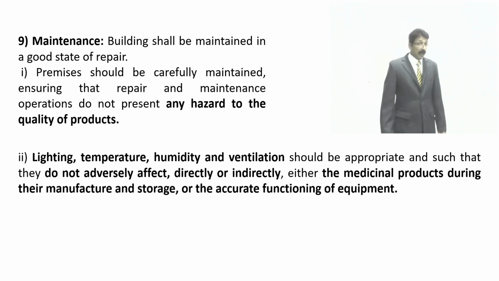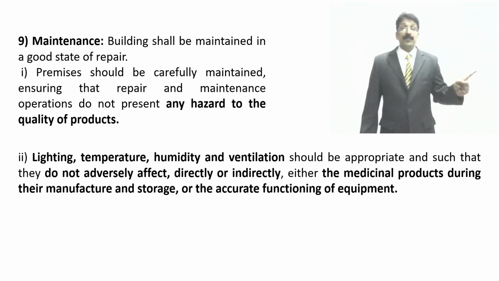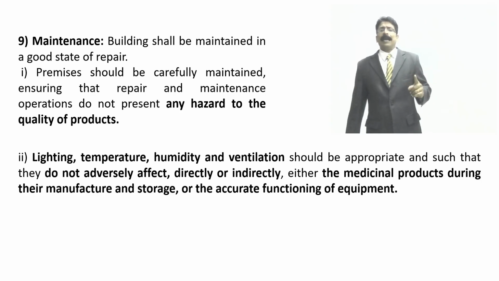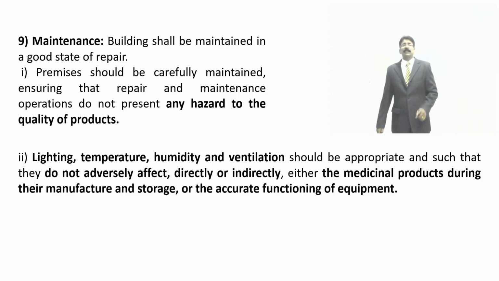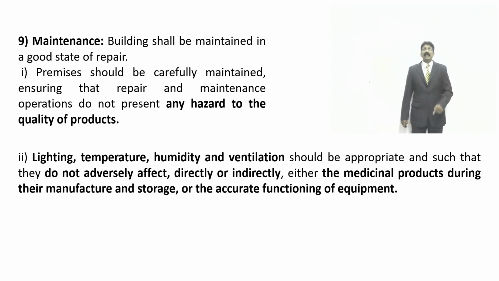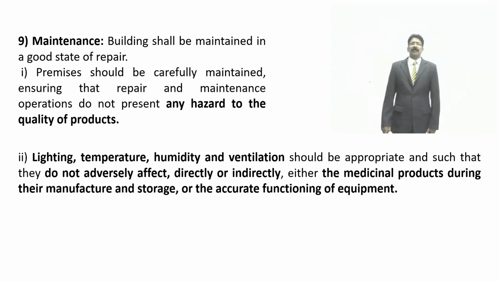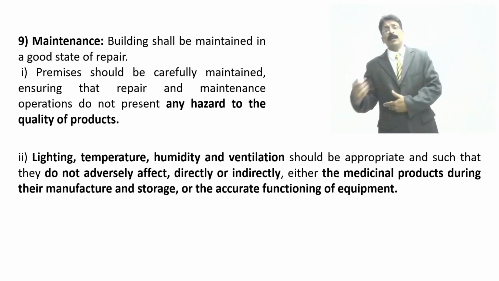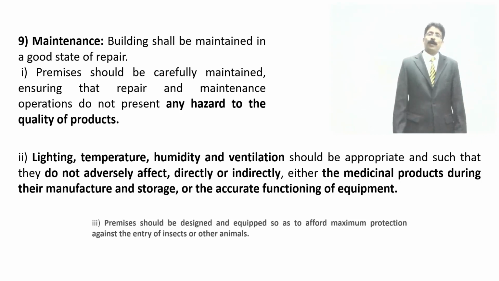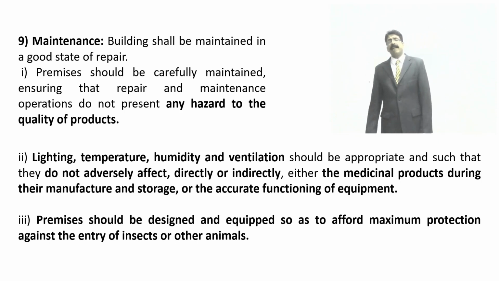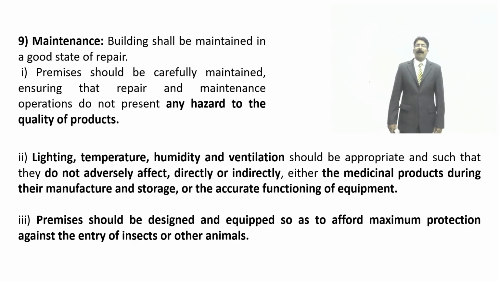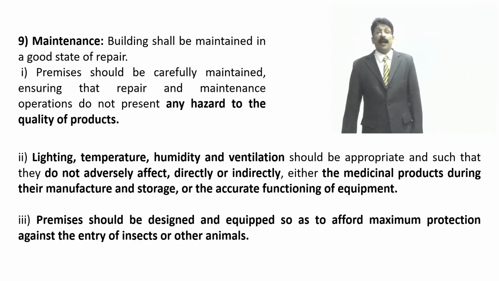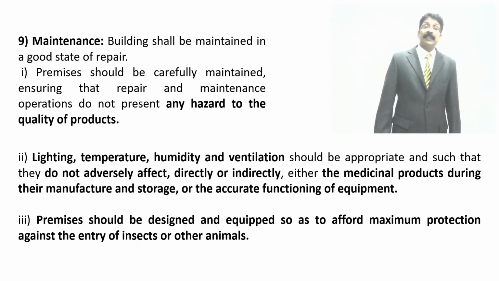Light and temperature, which we discussed, should be maintained. Humidity and ventilation should be appropriate and such that they do not adversely affect, directly or indirectly, the medicinal product during manufacturing or storage, or the functioning of equipment. Premises should be designed and equipped so as to afford maximum protection against the entry of insects and other animals.